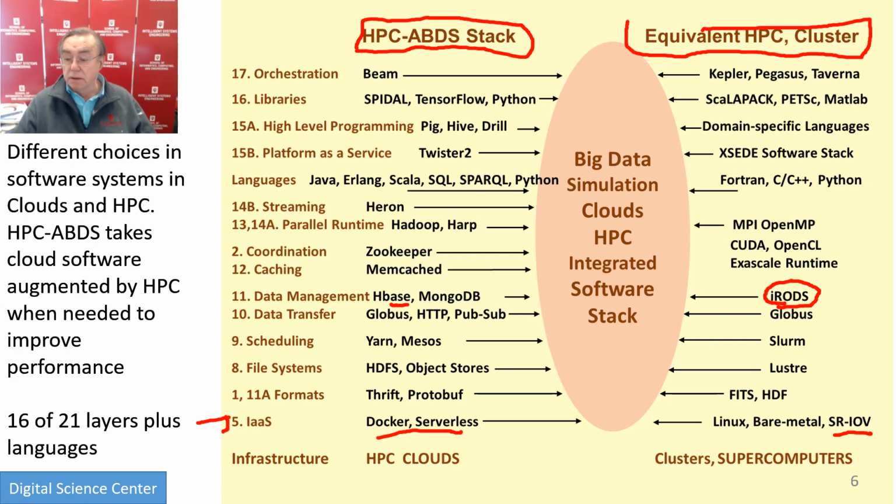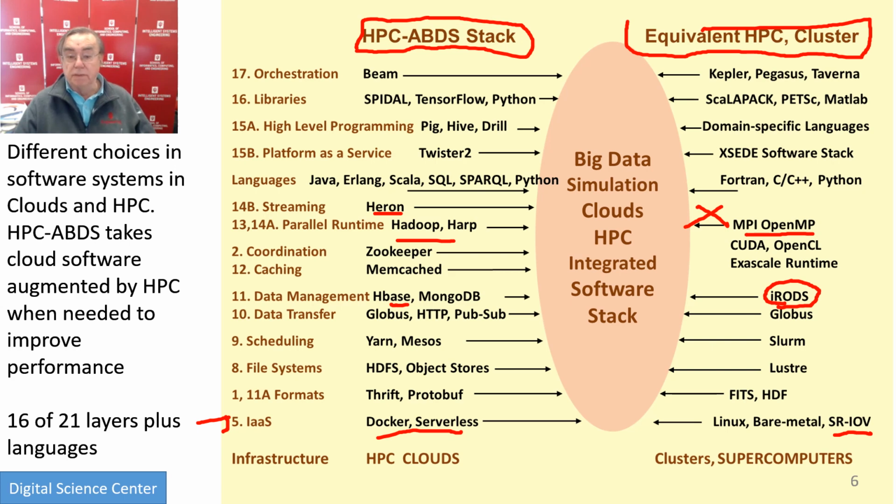On the cluster side, here we have streaming data done with Heron on the big data side, but nothing on the cluster side, because there is no standard for doing streaming. Parallel runtime is Hadoop with possibly our extension Harp, or Spark. And then on the cluster side, you have MPI, OpenMP, CUDA, etc.